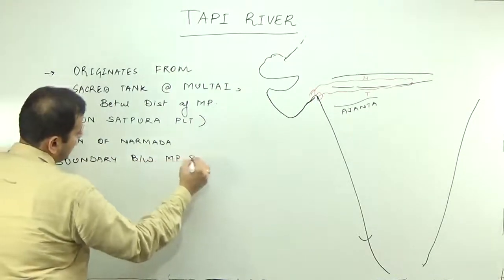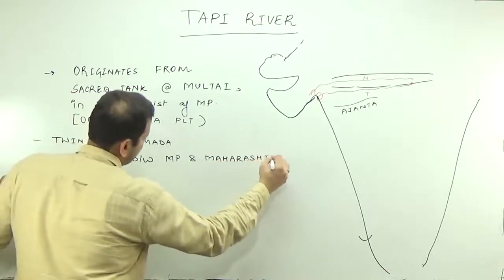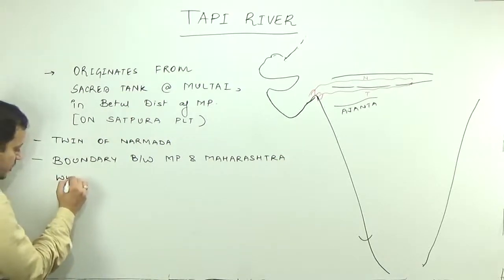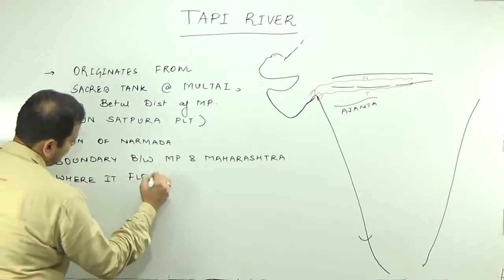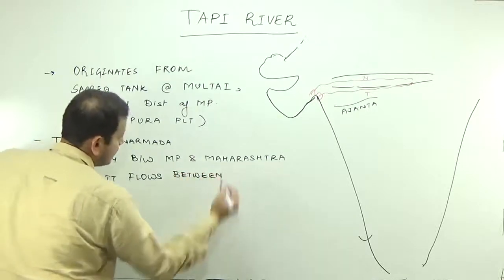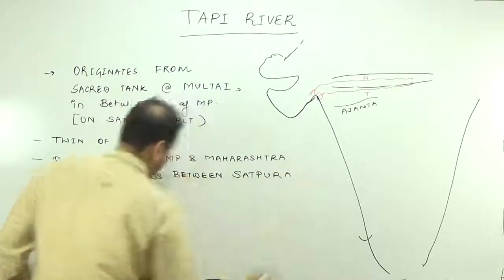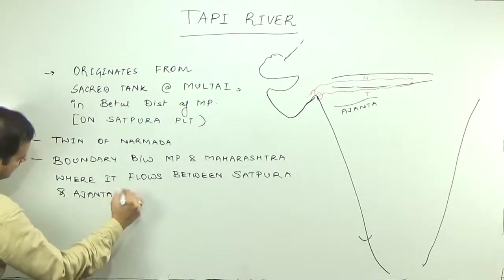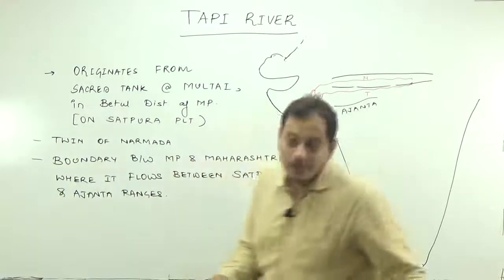It forms a boundary between MP and Maharashtra, where it flows between the Satpura and the Ajanta ranges.